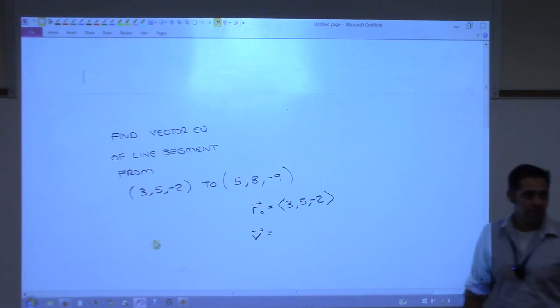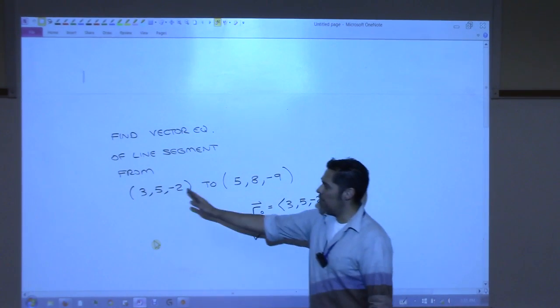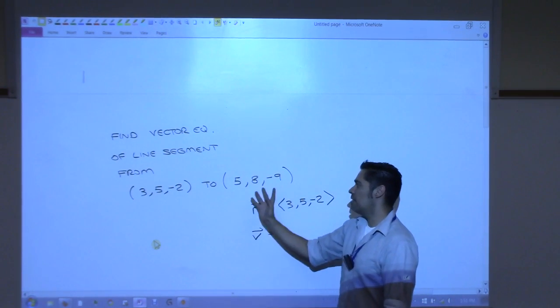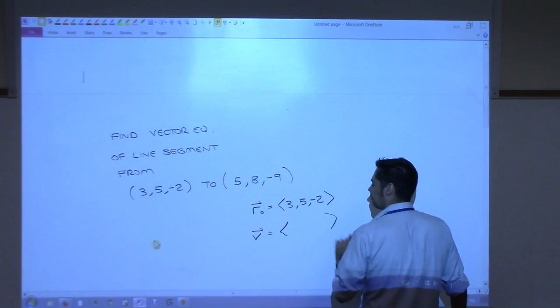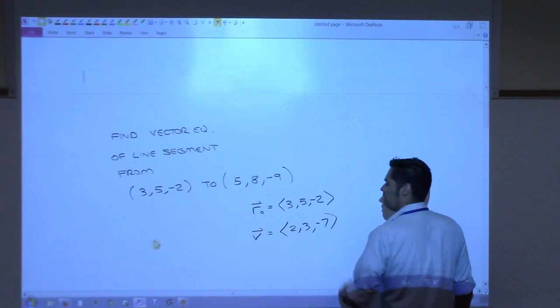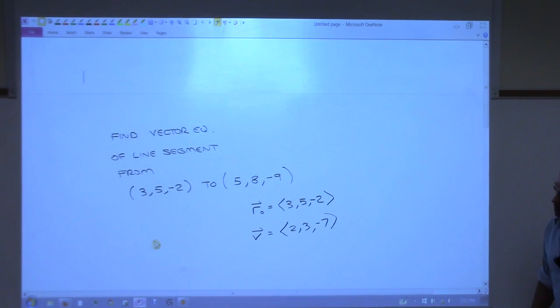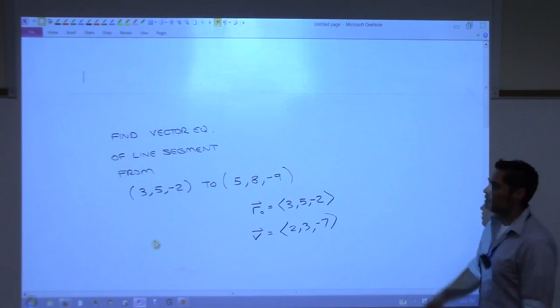Do you have a choice? No, not if you're going to follow this method. It must be the vector that goes from here to here. So you're going to take these and subtract those. So that would be what vector? 2, 3, -7. And so now you have the two things you need, R0 and V.